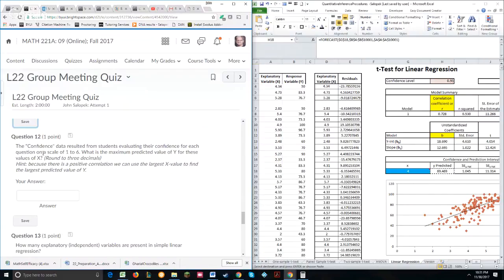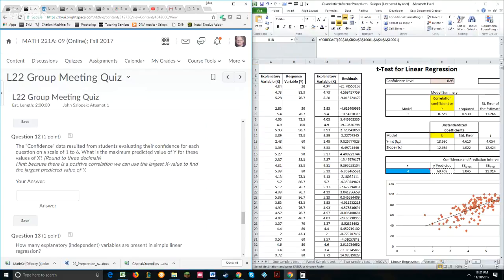11. The confidence data resulted from students evaluating their confidence for each question on a scale of 1 to 6. What is the maximum predicted value of y for these values of x? So that's 6 times 6.